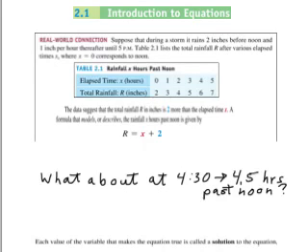So what about at 4:30, or 4.5 hours past noon? So it'd be 4.5. Well, that's not on our table. So here we can't even use the table. We have to use our formula. So let's do that. We'll have R equals, and in for X we'll put 4.5, which is how far it is past noon, plus 2.